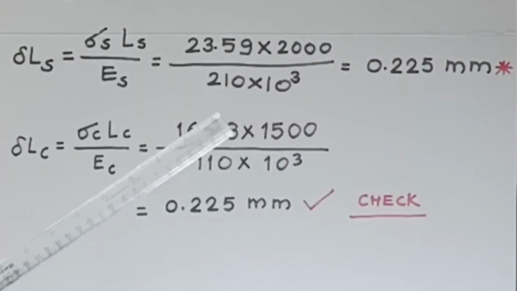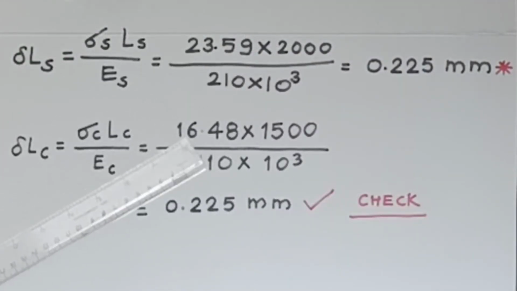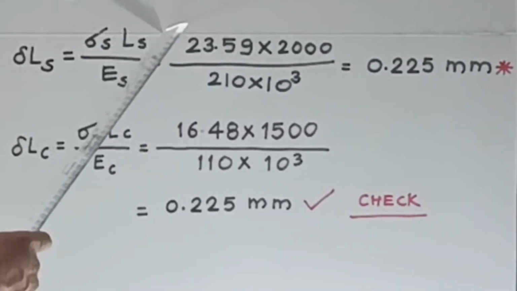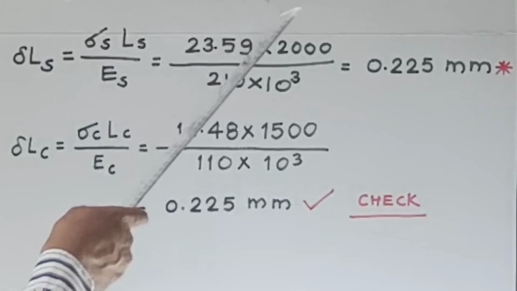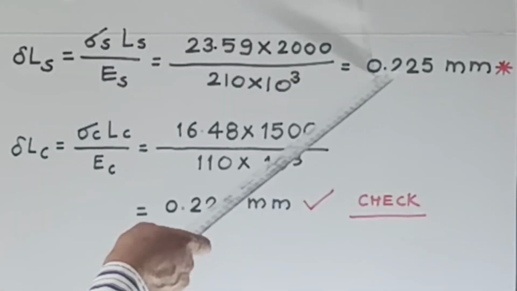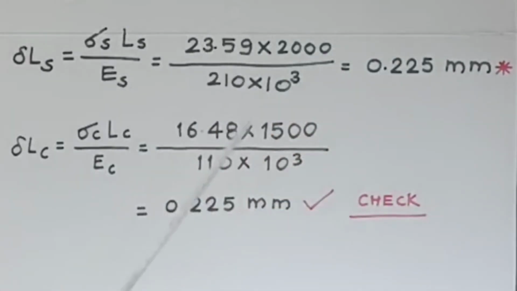Now we want to find out deformations. Deformations are equal, isn't it? So delta LS is equal to sigma S into LS upon ES. Substitute all the things, sigma S, LS, ES. You will get it as 0.225 mm. You are having a chance here to check whether deformation of copper is also same or not.